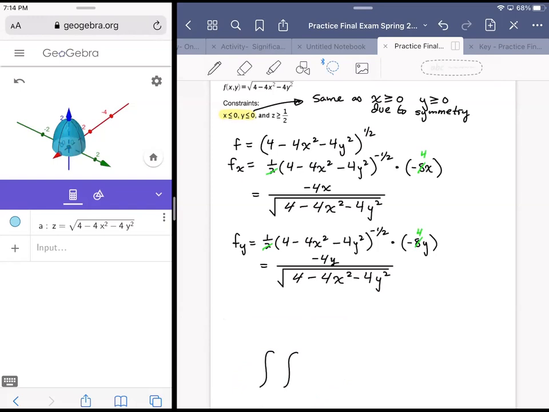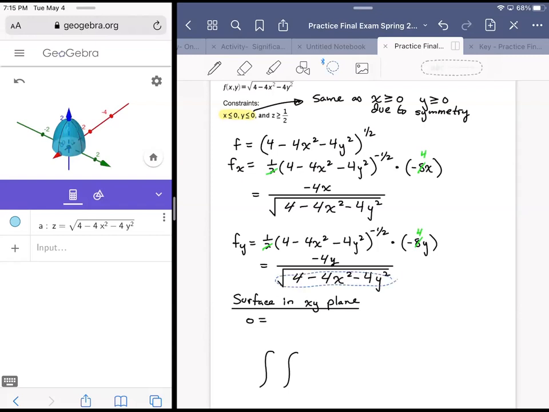All right, so I'm going to take my original function and set it equal to 0. So I need the surface in the xy plane. Zero equals the square root, I'll just snag it instead of rewriting it.